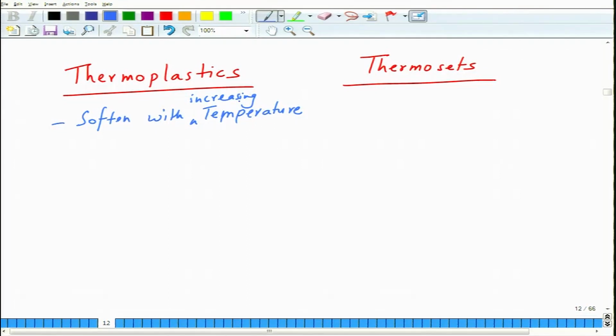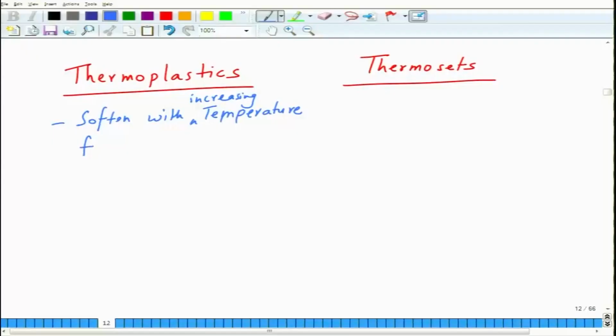They have a sort of melting phenomenon, they melt at very high temperature, followed by melting. So, they can be formed into various shapes, just like liquid metal is cast into solids. They have very little cross linking between chains.